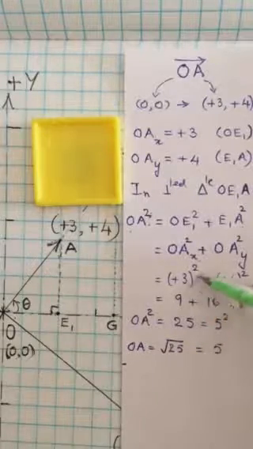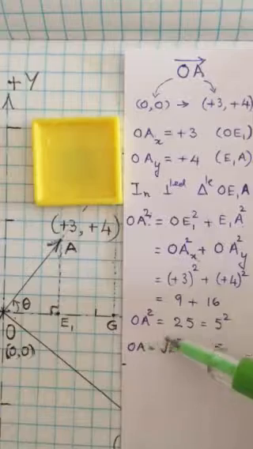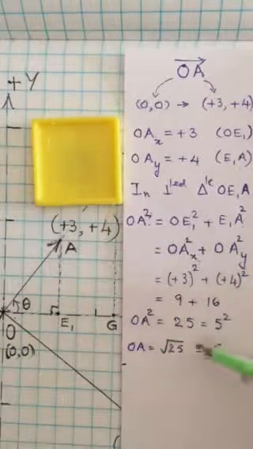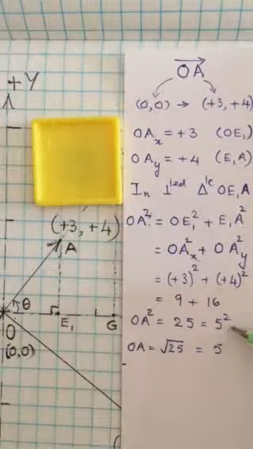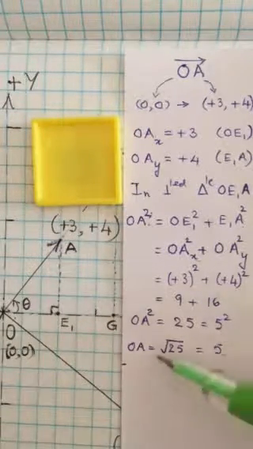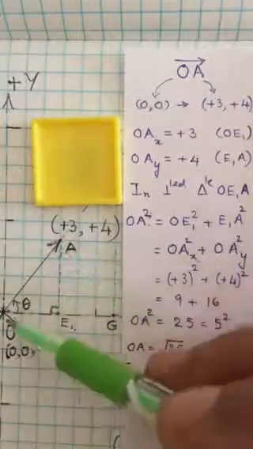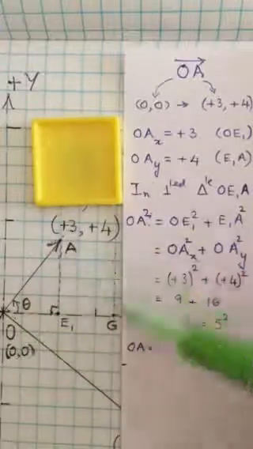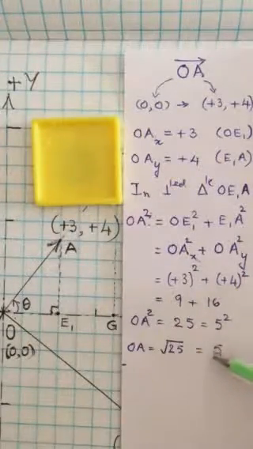We know 3 squared is 9 plus 4 squared is 16, and therefore OA squared is 9 plus 16, 25. We know that is 5 times 5 or 5 squared. Therefore, the hypotenuse OA, also called the magnitude of the vector OA, is simply square root of 25, which is 5.